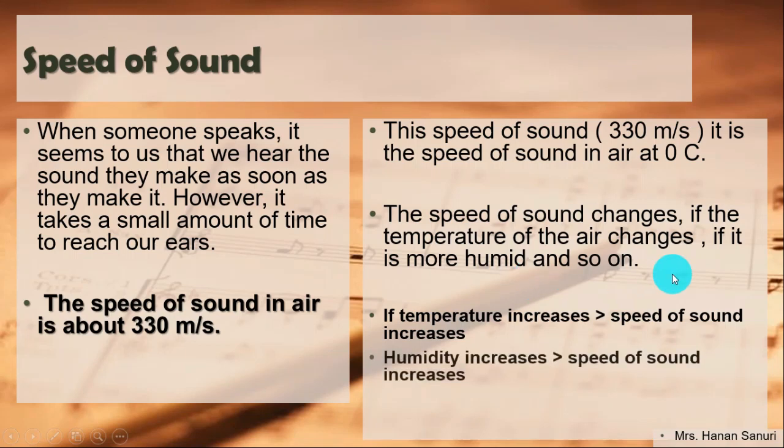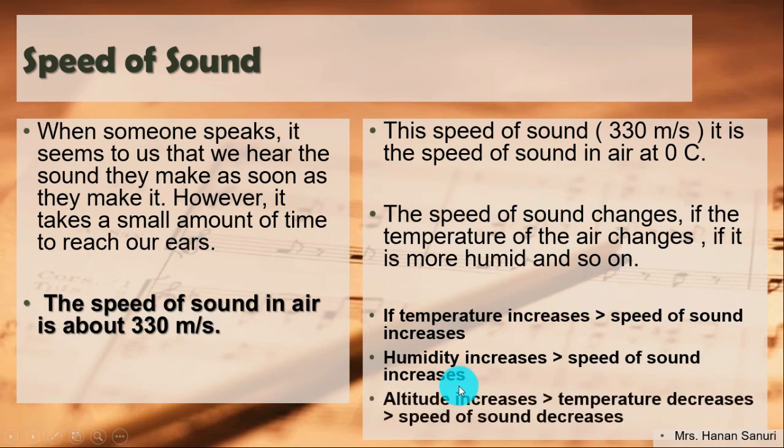Let's see how. If temperature increases, speed of sound increases. This is the relation between temperature and speed of sound. When humidity increases, speed of sound increases. The last thing, when altitude increases, the height, what happens?